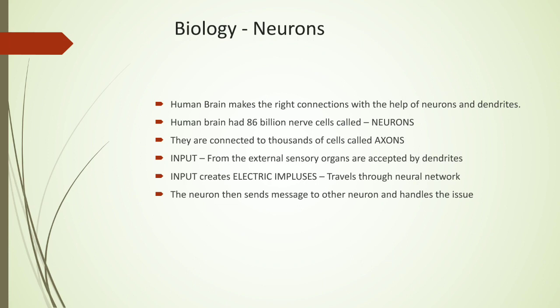It will process it, and again through these electrical impulses it will get back. That means you are seeing a color, it will be processed by your brain, and it will be transferred with the help of the electrical impulses. Again it will come back to your eye, and the brain will then say, yes, you are seeing a black color or a red color, and so on.